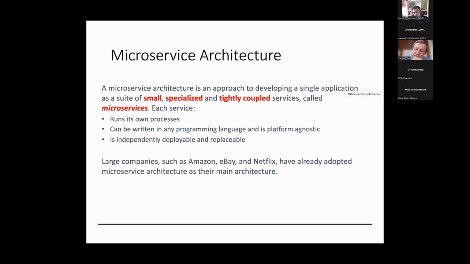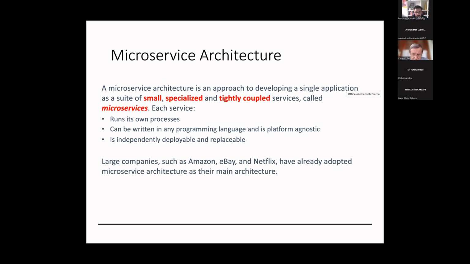The microservice architecture is an approach where the application is built in small size. Each application is specialized, so it does one single thing, and is loosely coupled with other services. The review, of course, cannot exist without the order, because typically we do the order and then we do the review, but they are built like two different applications, and then they are coupled with some REST API, for instance.